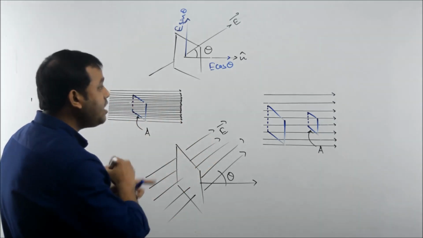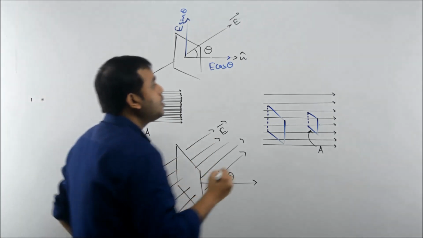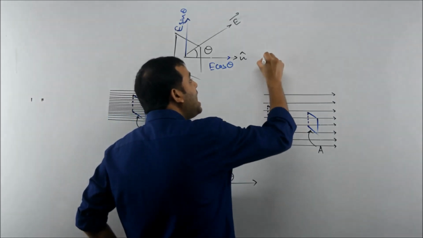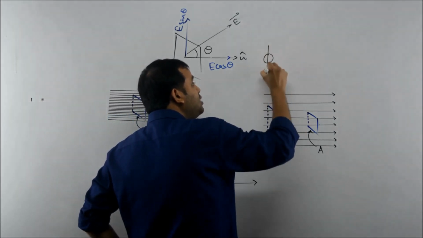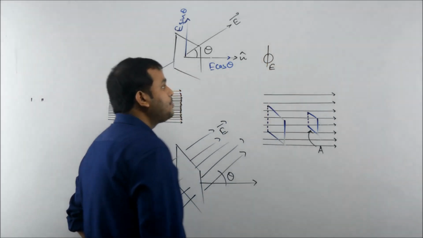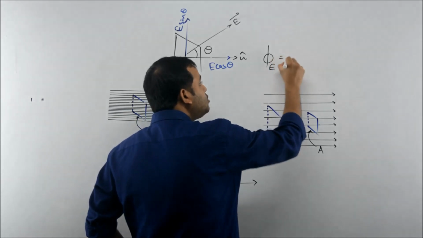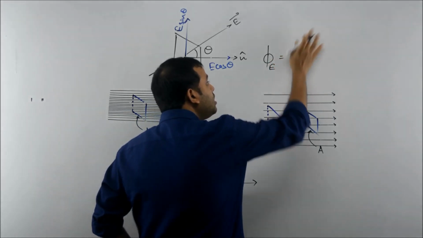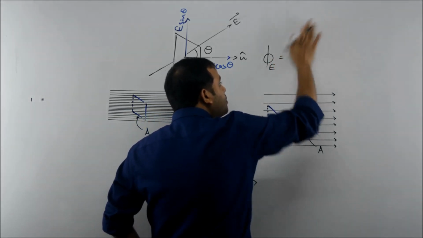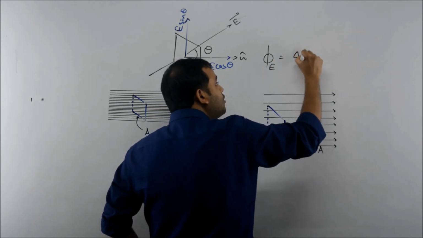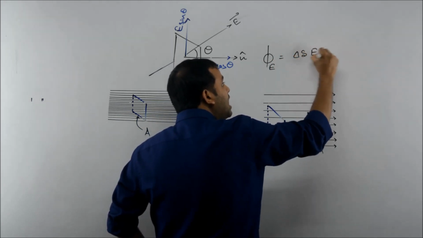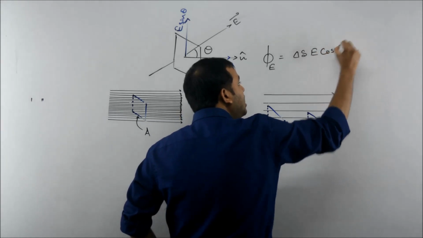So combining all these factors, we can say that electric flux through a surface, which we denote by phi suffix E, is equal to area of the surface times E cos theta.